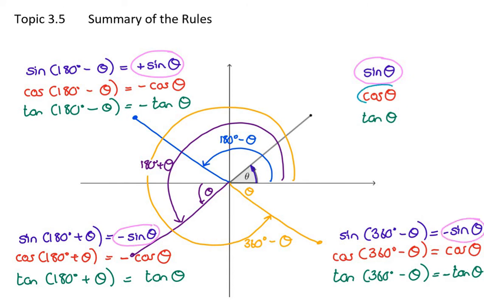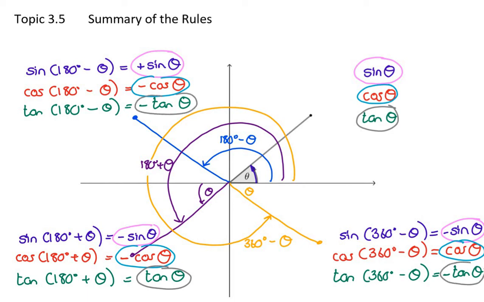Cos is positive in 1 and 4, and negative in 2 and 3, and finally tan is positive in 1 and 3, and negative in 2 and 4. So you start to become really good at reduction, because all I really care about is what quadrant am I working in, because that tells me the sign of my reduced ratio.